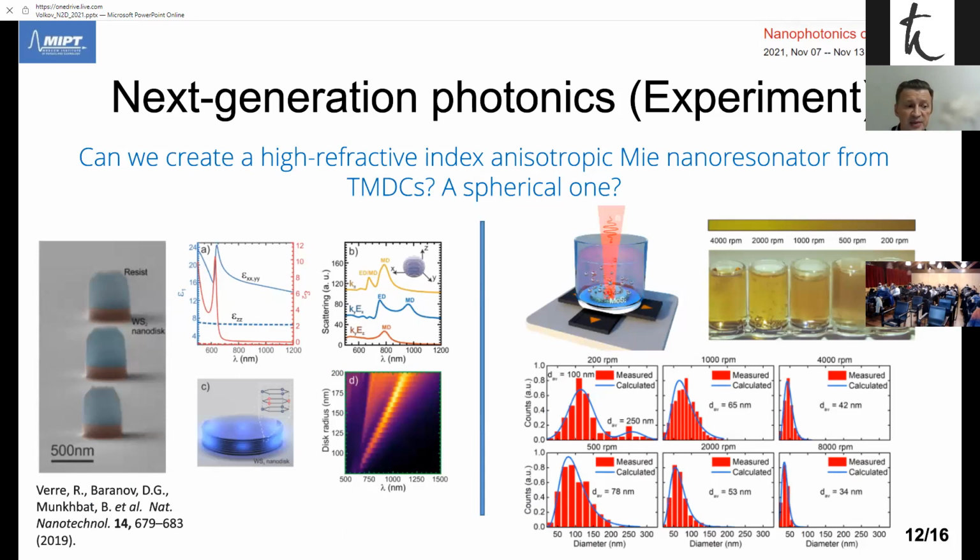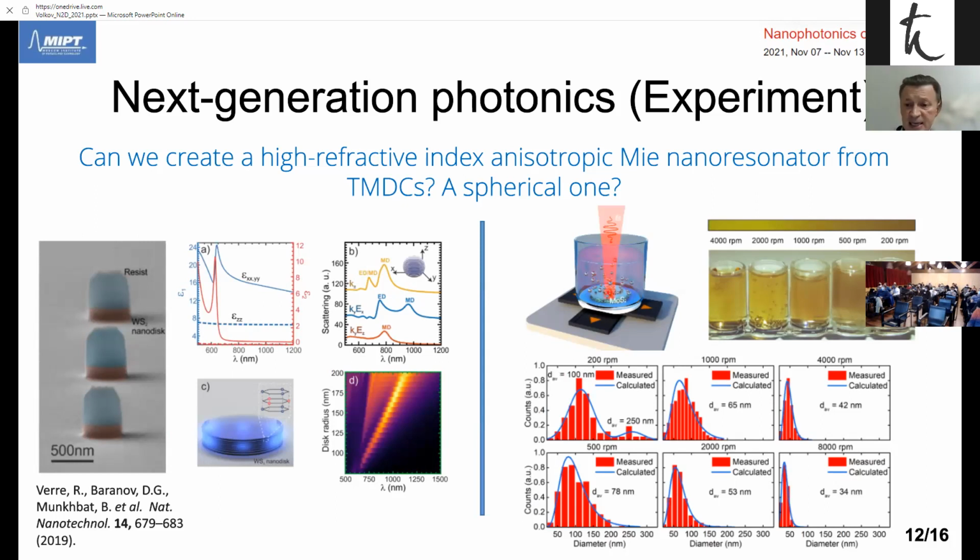So what we did, we developed a fabrication of highly excitonic, high refractive index spherical nanoresonators by use of short impulse laser ablation. That's the approach which we tried to use to bridge this gap in the fabrication and to broaden the application scope of the TMDC nanomaterials.